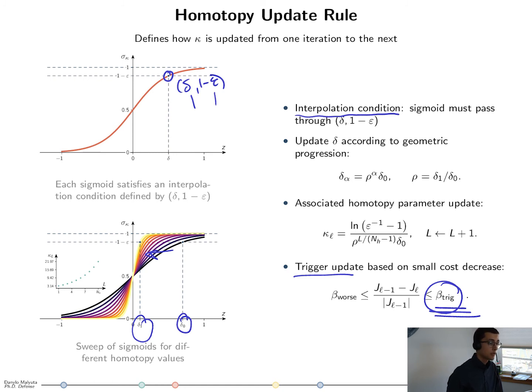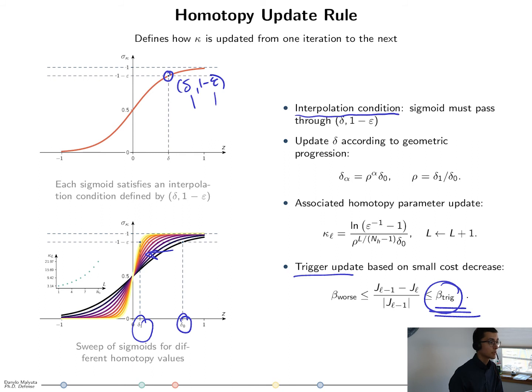So how do we update the homotopy parameter when this trigger tells us to do so? We use an interpolation condition, which says the following: the sigmoid that is responsible for this smooth approximation has to pass through this point here, delta, 1 minus epsilon. The delta and the epsilon are set by the user, or they're initialized by the user, set by the algorithm.